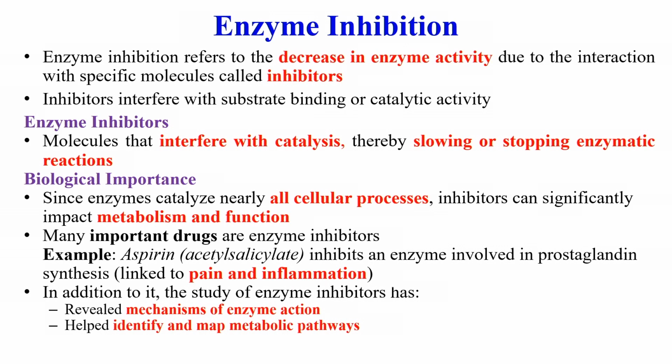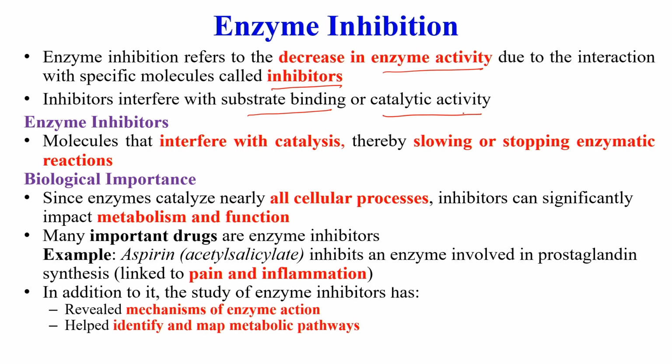Now we can summarize what enzyme inhibition is. Enzyme inhibition refers to the decrease in enzyme activity due to its interaction with specific molecules or inhibitors. Inhibitors can interfere with substrate binding or catalytic activity.